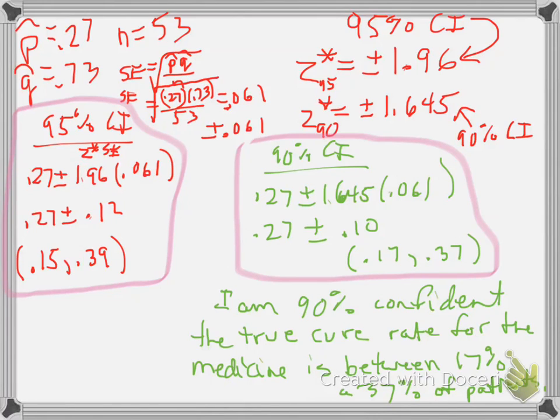Okay? If I wanted to do it for a 95% confidence interval, then I just change this to 95%, and I change this to 15%, and this to 39%. And that would be the 95% confidence interval.